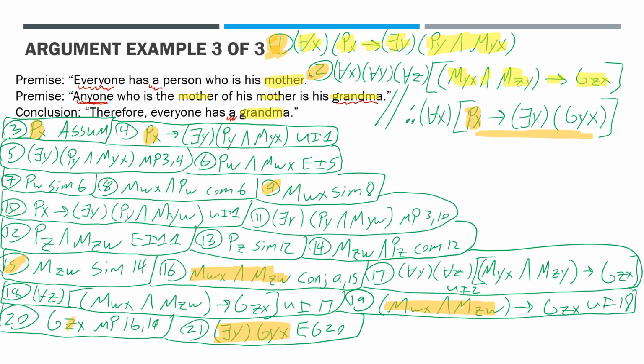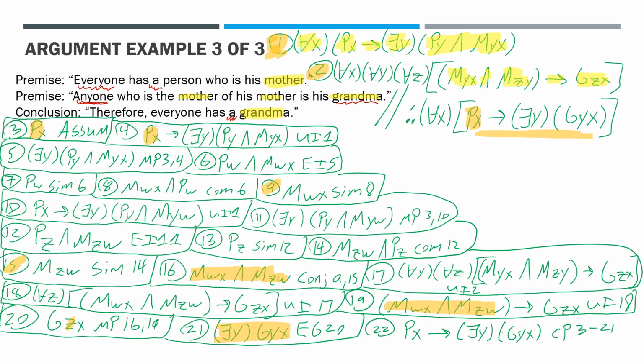And that assumption is the antecedent, so outside of quarantine for 22, we can say px arrow, there exists some y such that gyx, by our conditional proof with lines 3 through 21.